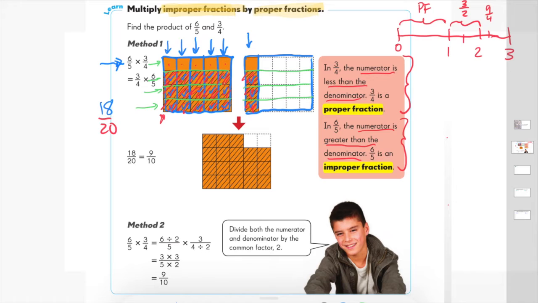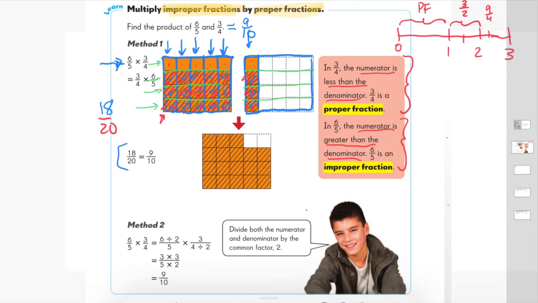So 18/20ths were shaded in where those two intersected, where we had 3/4 of 6/5. You can see 18/20ths can be simplified. We can reduce that to 9/10. And so we can say 6/5 and 3/4, the product is 9/10.